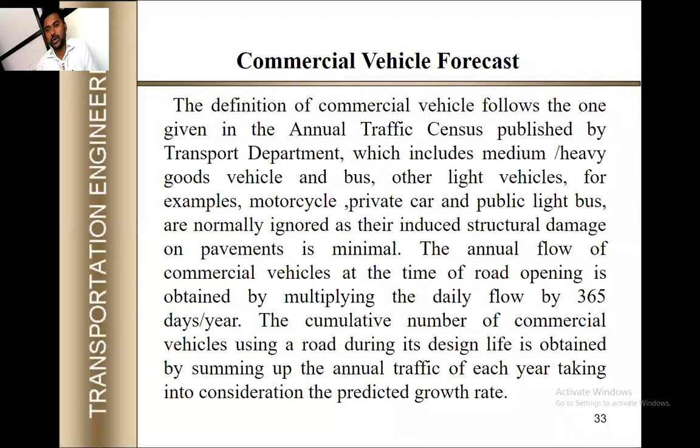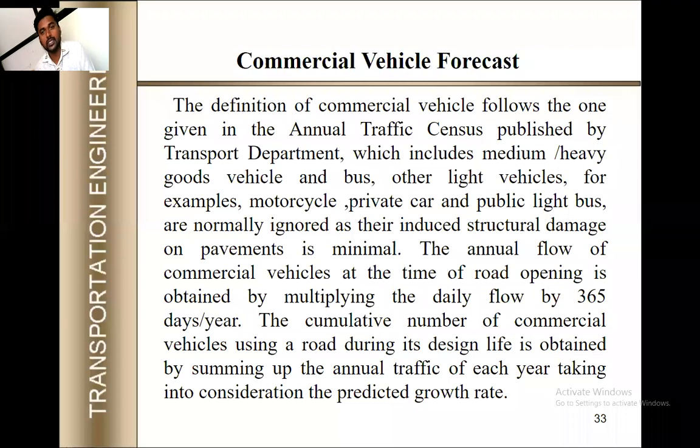Other light vehicles, for example motorcycles, private cars, public light buses, are normally ignored as their structural damage on the pavement is minimal. Okay, what are the vehicles that we need to consider whenever we are counting the commercial vehicles?